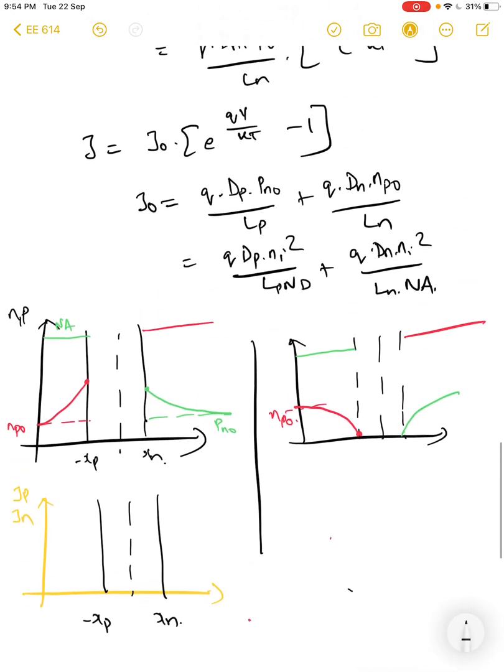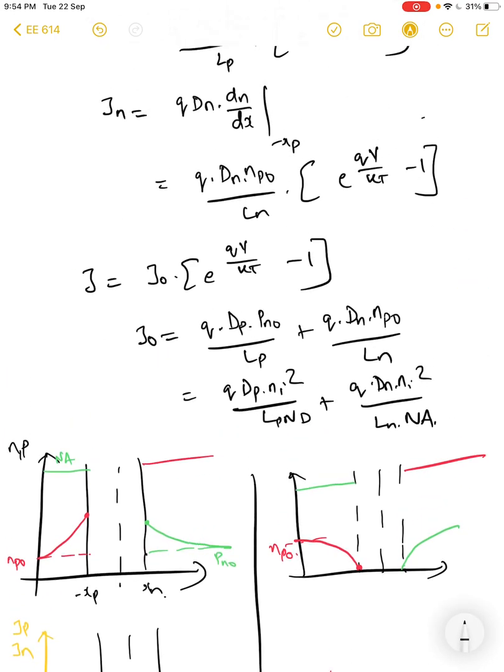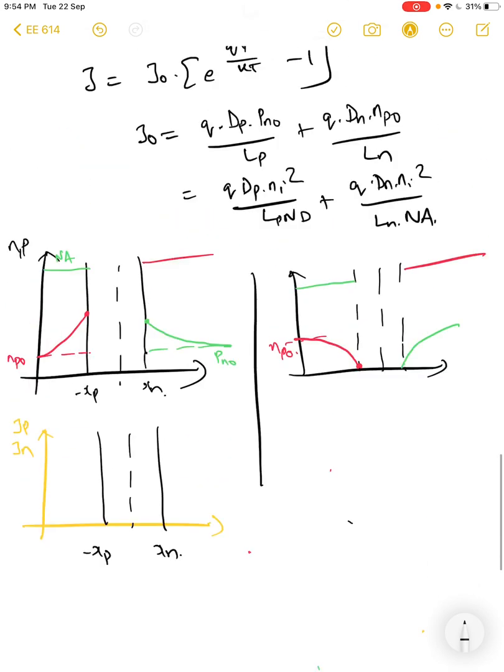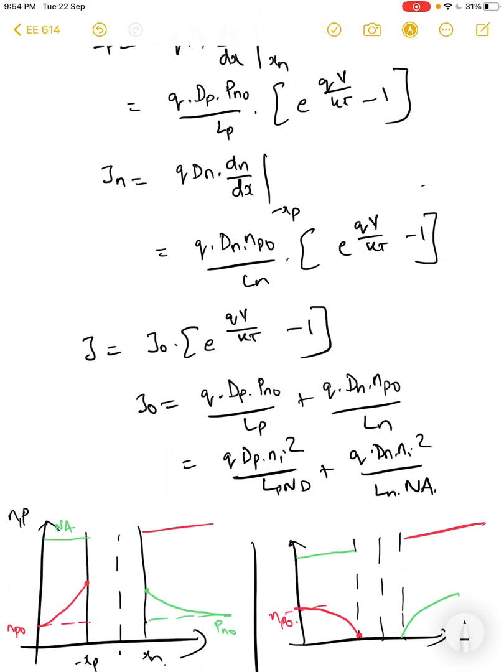We can see the current components here. So basically it goes exponentially with the applied potential, and at each point you can calculate the current density from this expression, because this was calculated at x equal to minus xp. You can calculate this at any value of x.